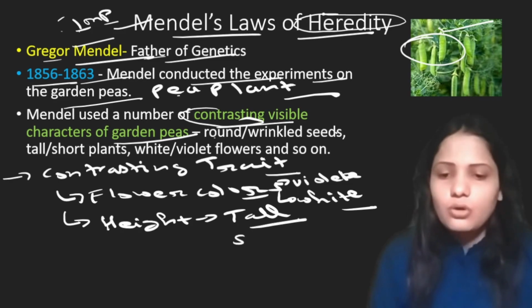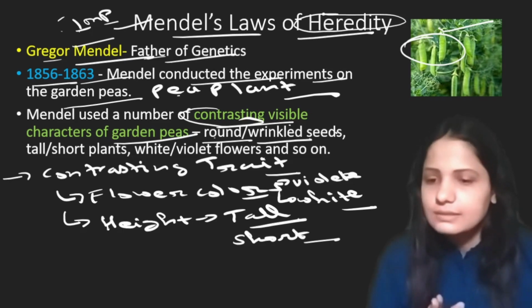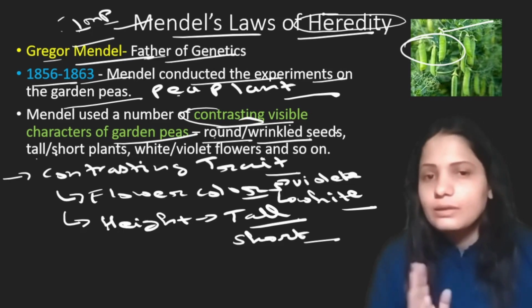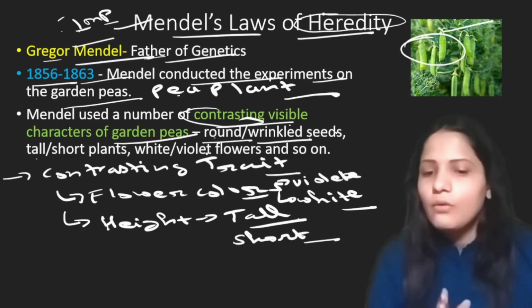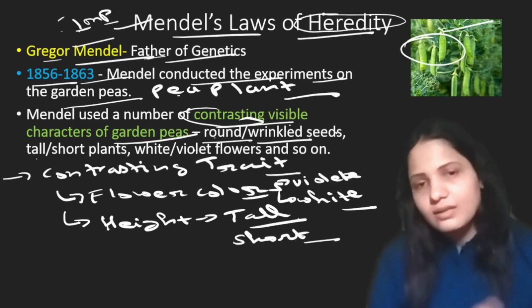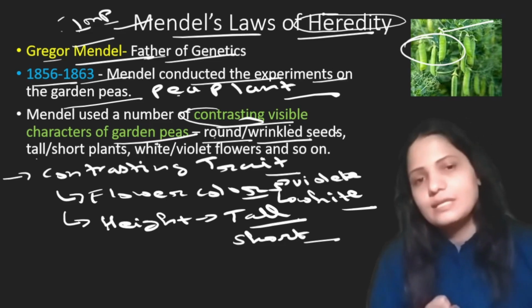All right, so we have these contrasting traits, and Mendel worked on contrasting traits. For example, in pea we have two types of seeds, round seeds and wrinkled seeds. Plant height, tall and short plants. Flower color, white and violet, and so on. He considered many contrasting characters for his experimentation.